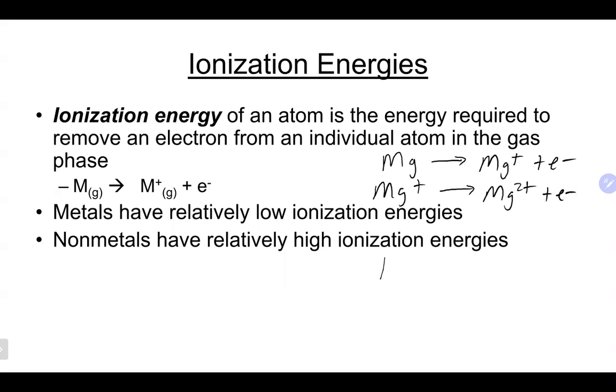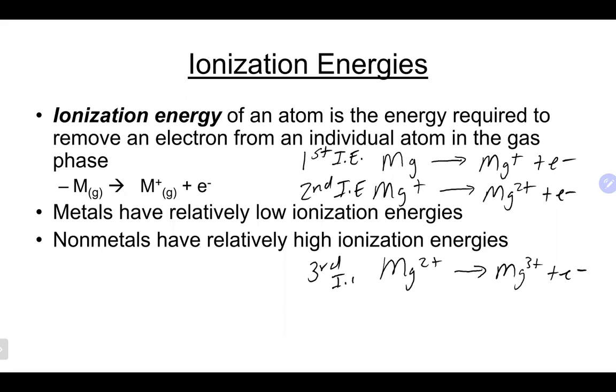And then perhaps it would dump a third electron. Every time an electron pops off is what is known as an ionization energy. This is the first ionization energy, the energy to remove the first electron. This is the second ionization energy, the energy to remove the second electron. And this would be the third ionization energy, the energy to remove the third electron.